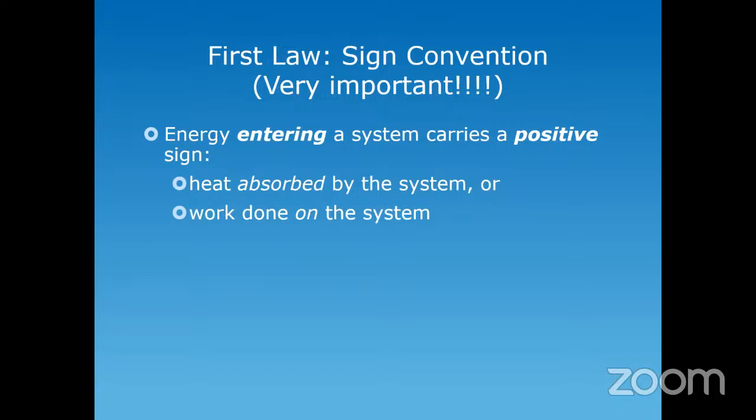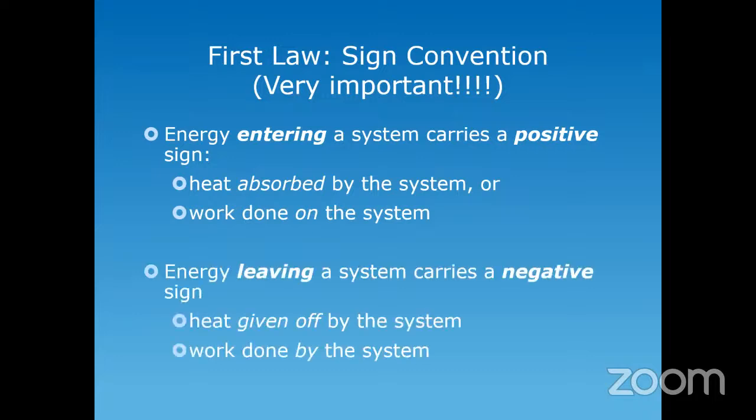On the other hand, if energy is leaving the system, right, that means that the total change in energy is going to be negative. So what does that mean? That means that either heat is given off by the system, right, or work is done by the system. So in either case, the result will be that the change in the internal energy is going to be negative, all right?